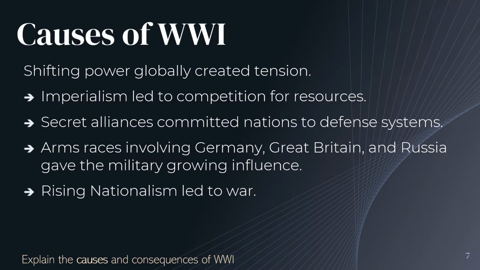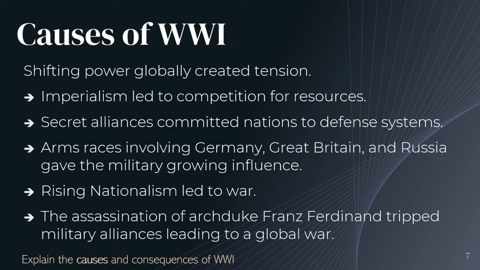So these are all feeding into each other. And then we've got some rising nationalism. And then finally, the last straw here, Franz Ferdinand, Archduke, he's the heir to the throne of the Austria-Hungarian Empire. Archduke Franz Ferdinand was assassinated, and that just set everything off.